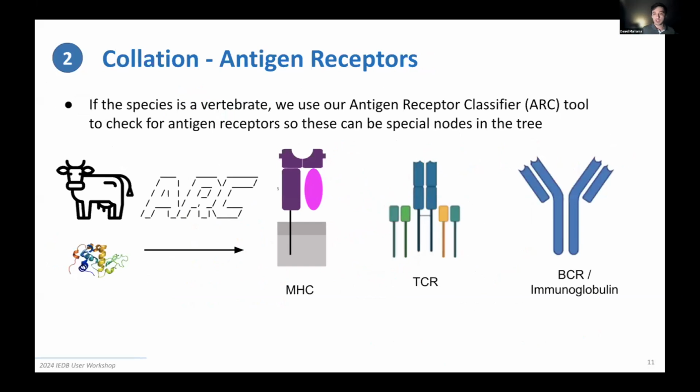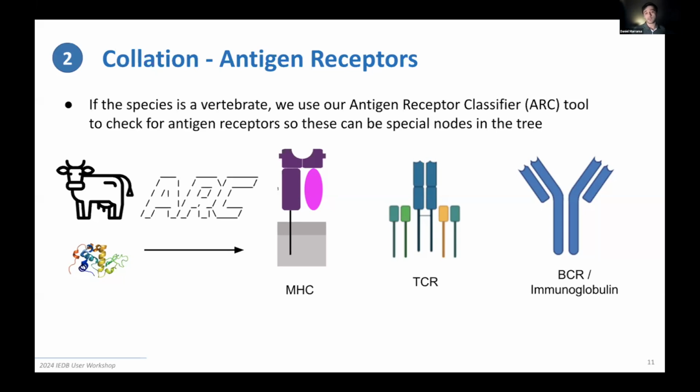One other thing we do to aggregate our data is we want to capture things like receptor antigens, like MHC molecules, TCRs, BCRs, or immunoglobulins, because oftentimes these are source antigens that are found for a particular species.